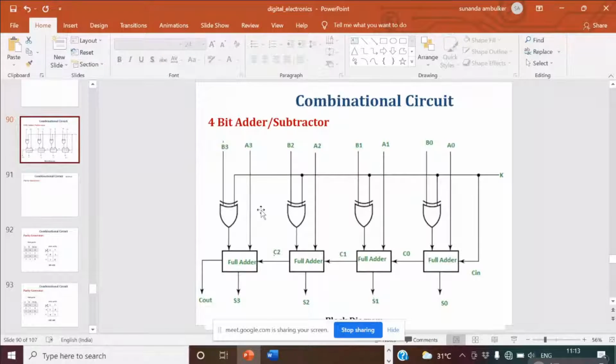Just the way we have designed and implemented the adder and subtractor, we also require some circuitry to generate the parity bit for the combination of bits, depending on how many bits are there in the data. Okay, so we will start.